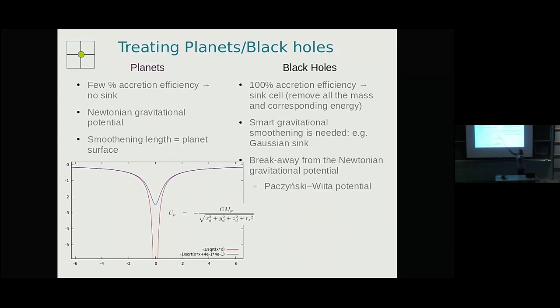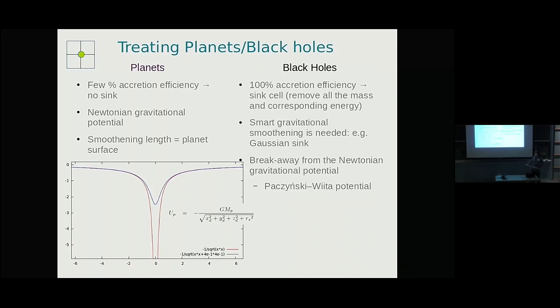We, of course, just have Newtonian gravitational potential, and I just learned that you either use the Paczynski-Wiita or even GR. Now, this softening or smoothing length of the gravitational potential is in this form, where here we have the smoothing length, which is going to define the planet's surface. So it's very important.